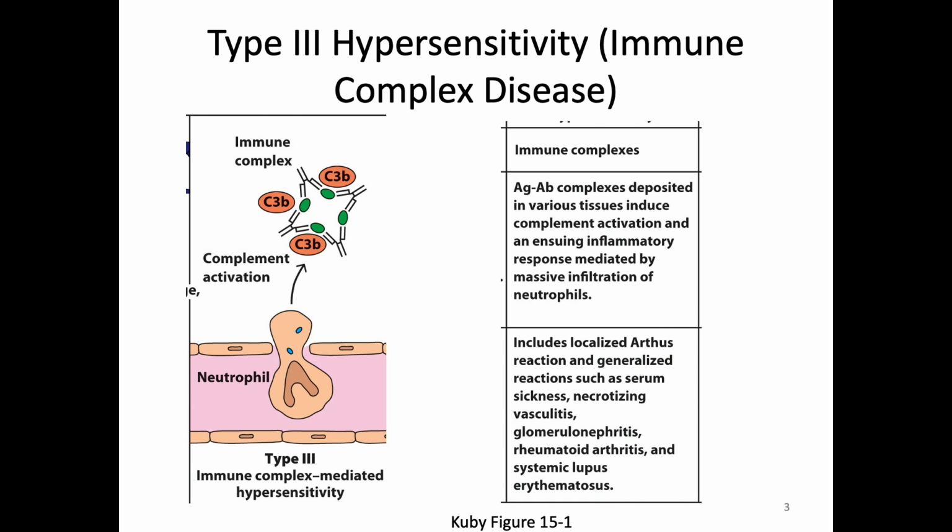If you remember when we were talking about different types of autoimmune diseases, we saw some immune complex mediated autoimmune diseases. So you've seen a little bit of issues with autoimmune disease and immune complexes. And in fact, if you look back at some of those autoimmune diseases, there are some that basically look like a type 2 hypersensitivity, some that look like this type 3, some that are going to look like type 4.